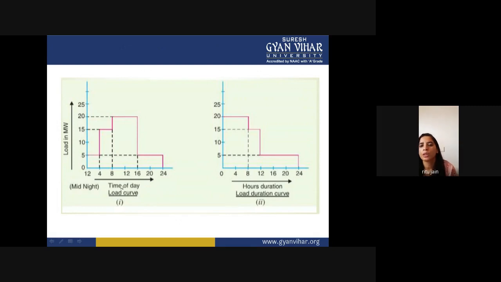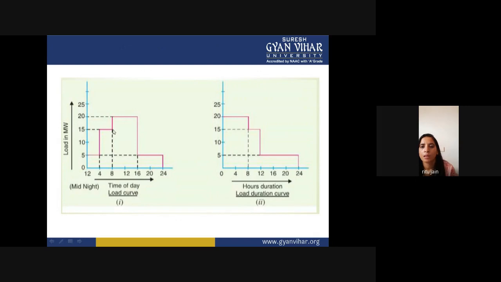So suppose we are drawing this graph for a particular load. From 12 midnight to 4 a.m., the load is almost constant, which is 5 megawatt. After 4 to 8, the load is increasing, it becomes 15 megawatt.